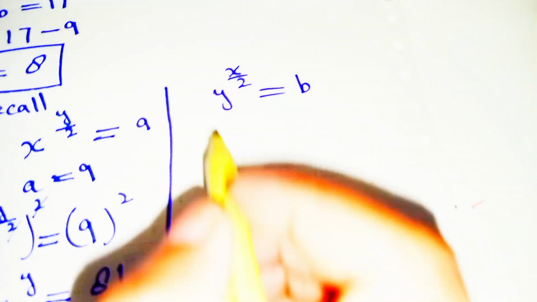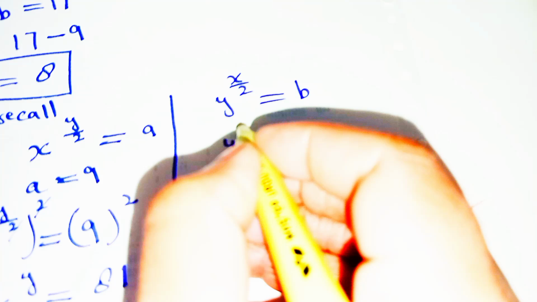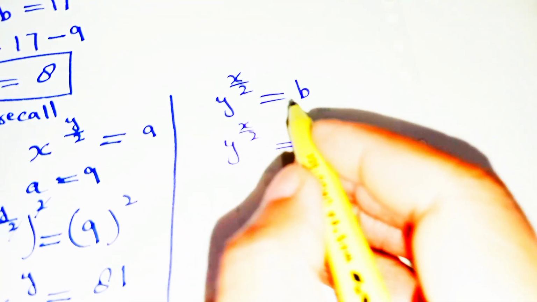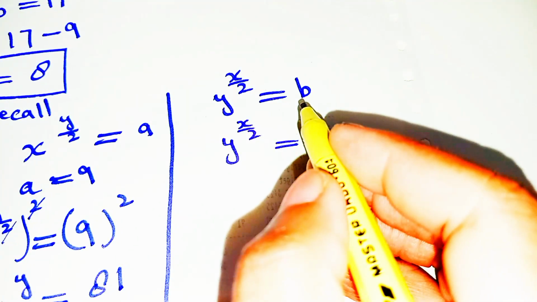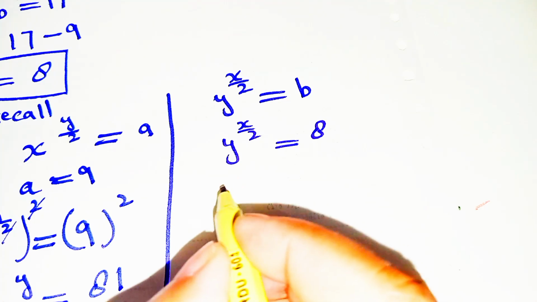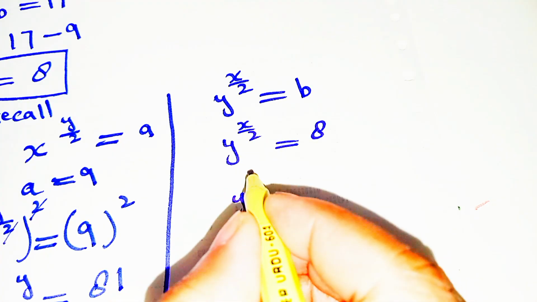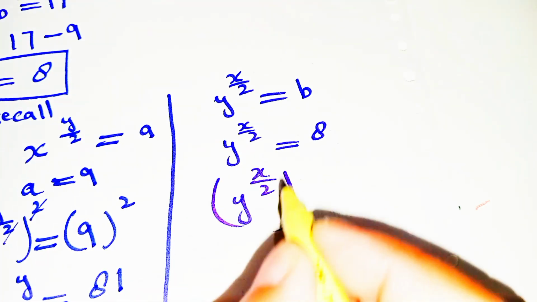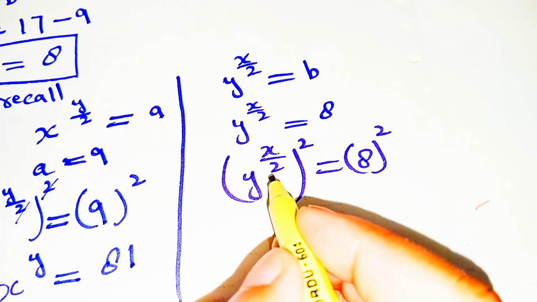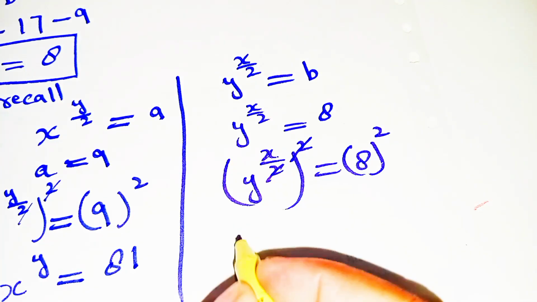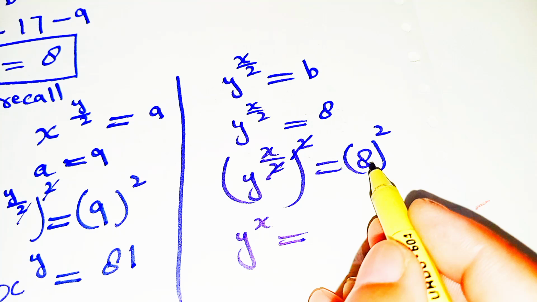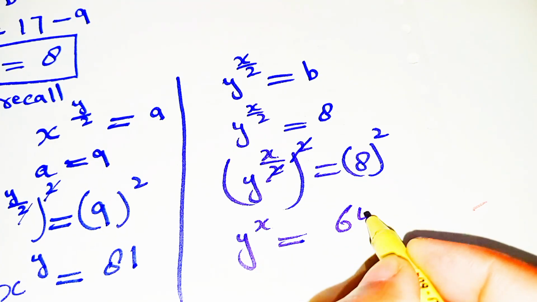So y to the power of x over 2 is equal to 8. Now we take the square on both sides, the 2 cancels out with the 2, and remaining is y to the power of x is equal to 8 squared. 8 multiplied 2 times is 64.